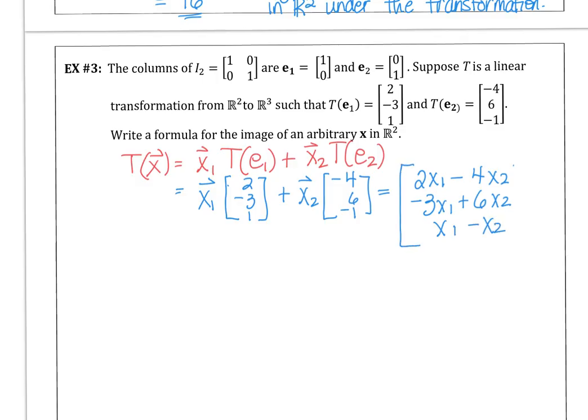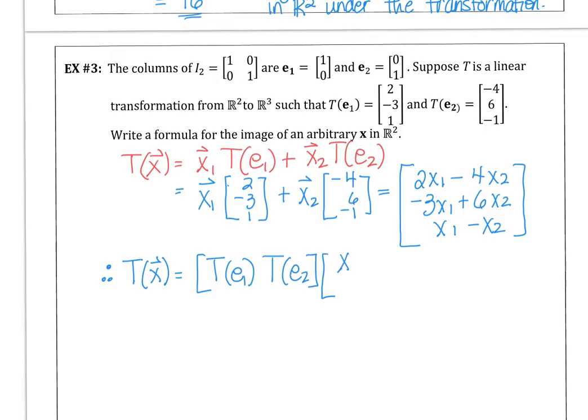So this is how that transformation of x came. And writing that arbitrary x, the transformation of x bar would be the transformation of e sub 1, transformation of e sub 2, so that matrix times the 2-dimensional x1, x2 produces that A matrix times vector x bar.